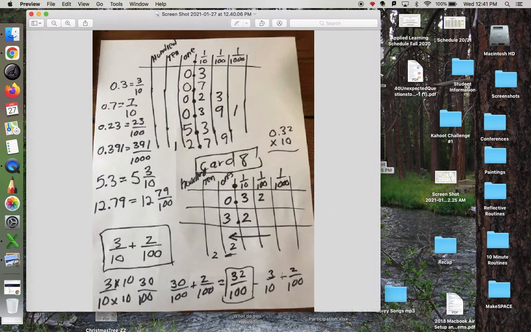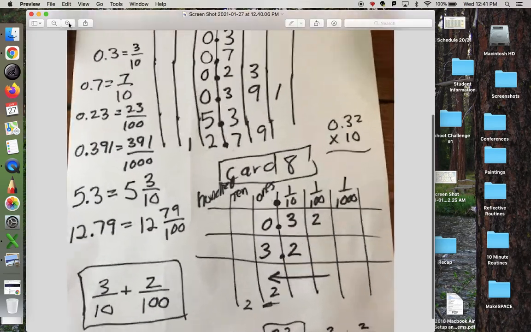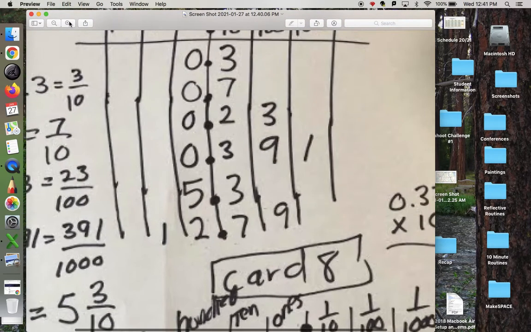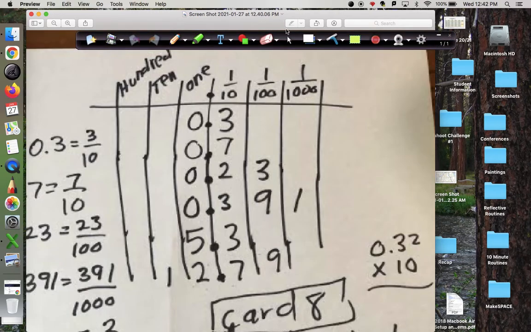So here's a picture from the notes that I took from the video, and I can zoom in on the very first thing, which is just a place value chart. So I'm actually going to pull out this tool here and highlight a few things.